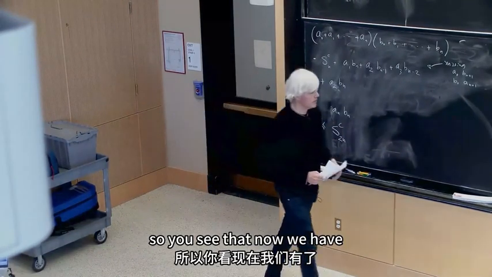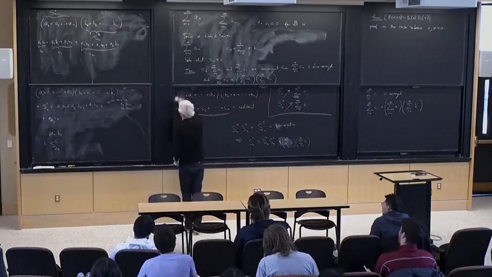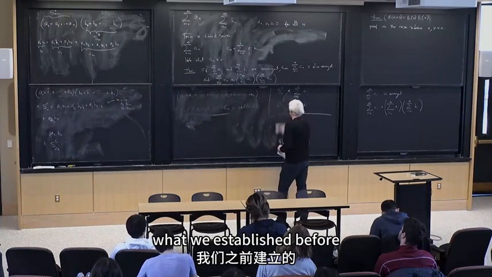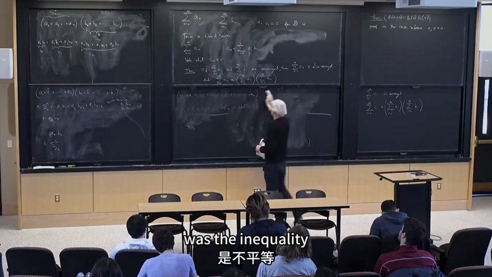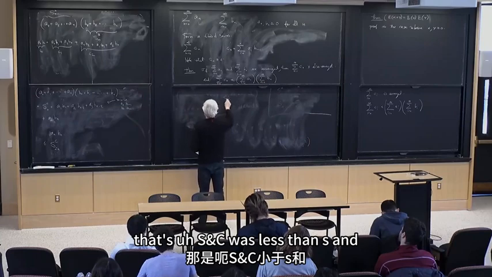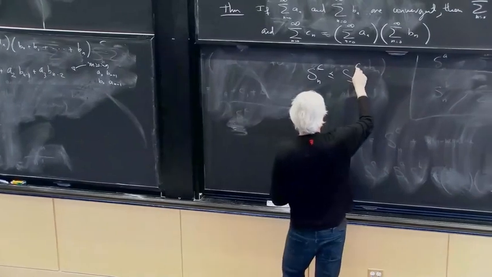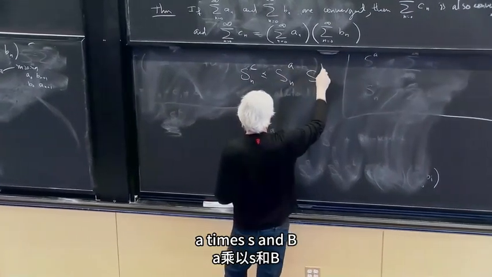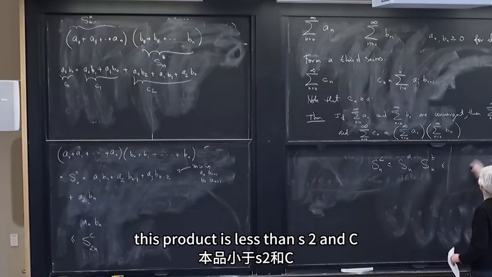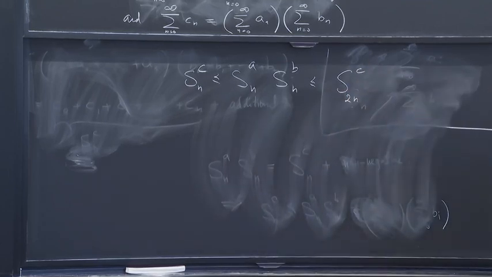So you see that what we established before was the inequality that SnC was less than SnA times SnB. But what we have now is that this product is less than S2nC.